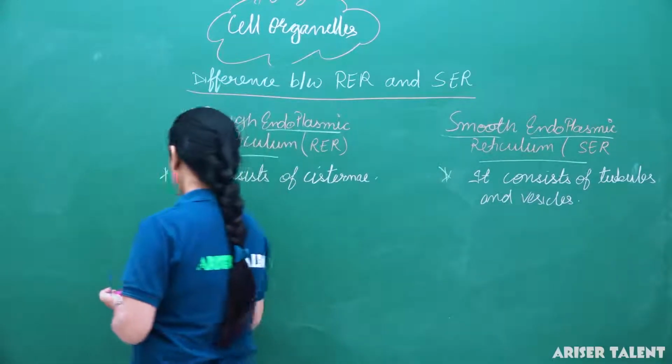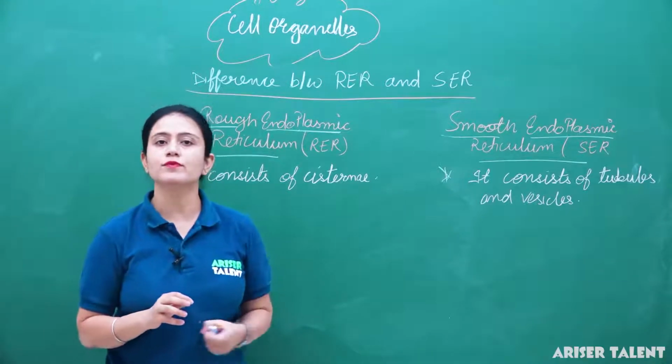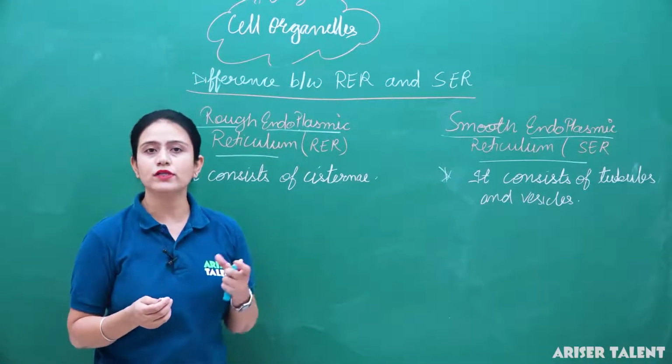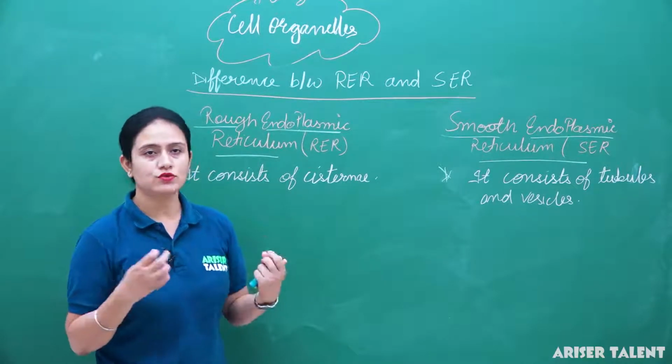Clear? Rough endoplasmic reticulum is rough in touch because of the presence of ribosomes, and smooth endoplasmic reticulum is smooth in touch because it does not have ribosomes.